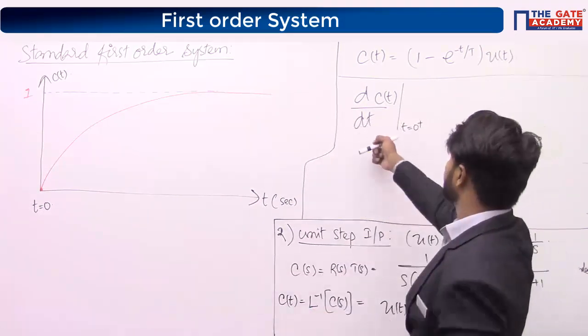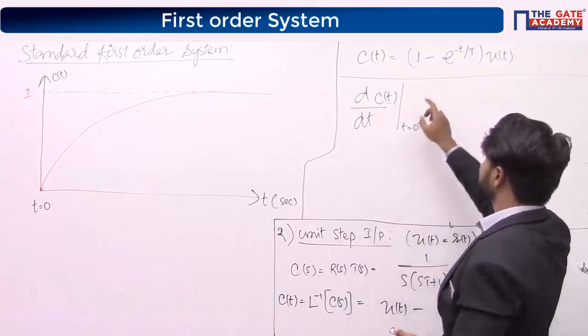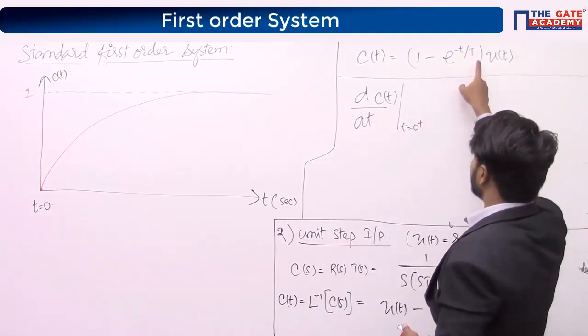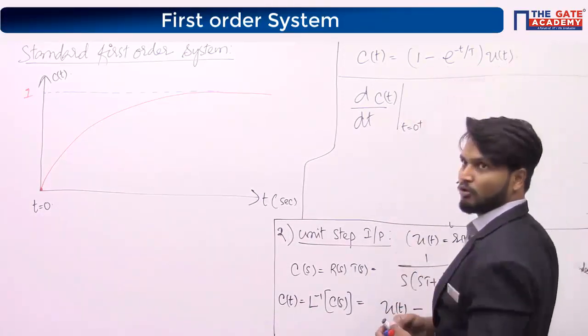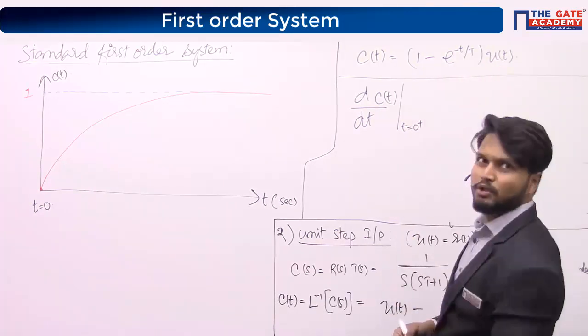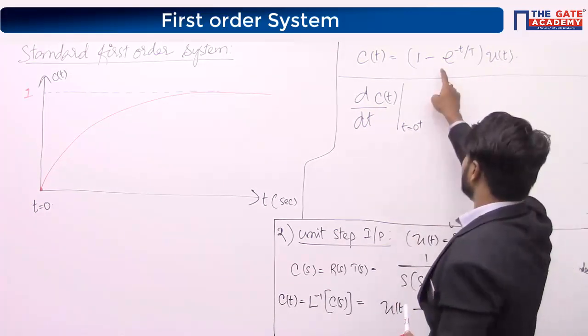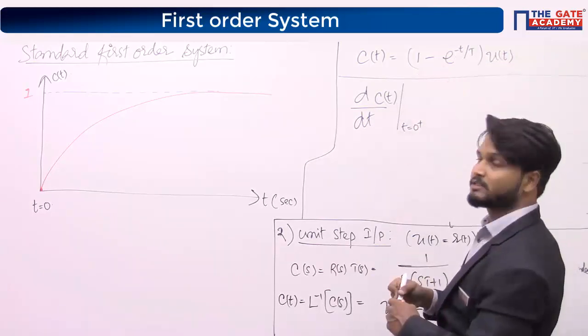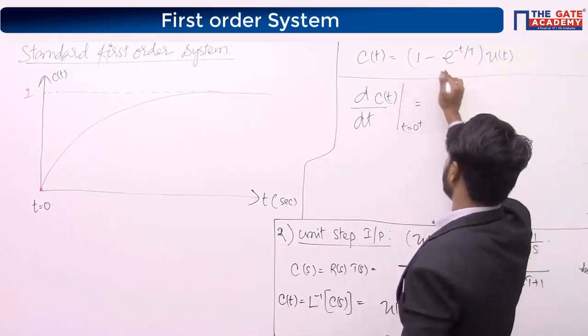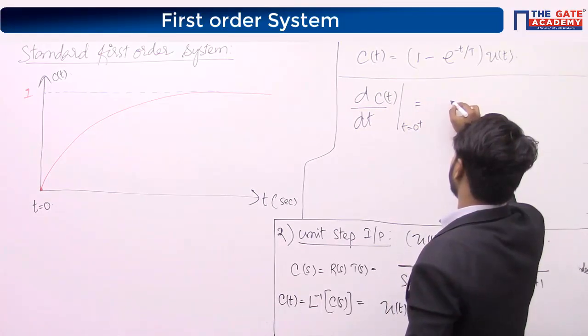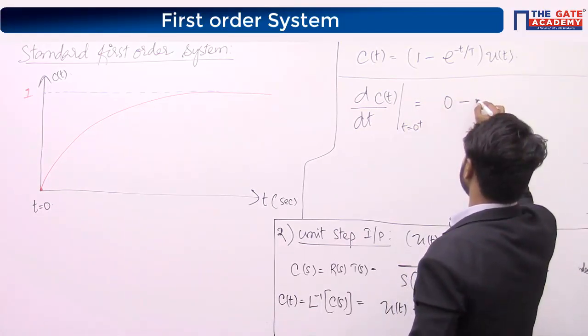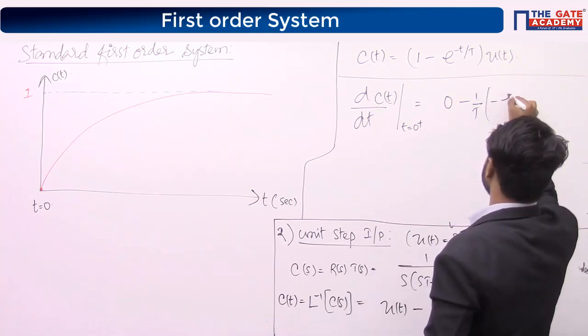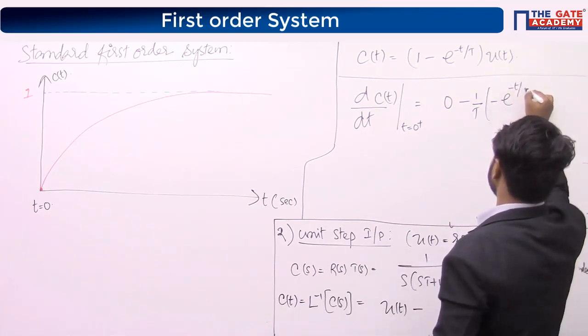So just differentiate this, 1 minus e power minus t divided by T u of t, right? You could use the uv rule, right? u dash v plus u v dash, right? So differentiate this, what will you get? You will get 0 minus 1 by T multiplied by minus e power minus t by T.